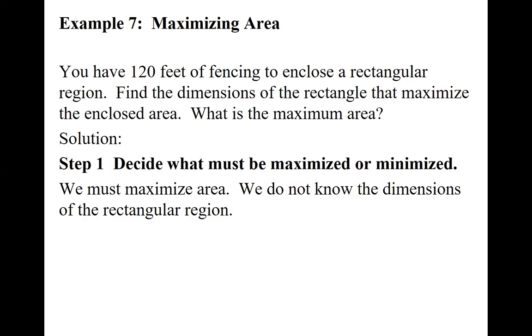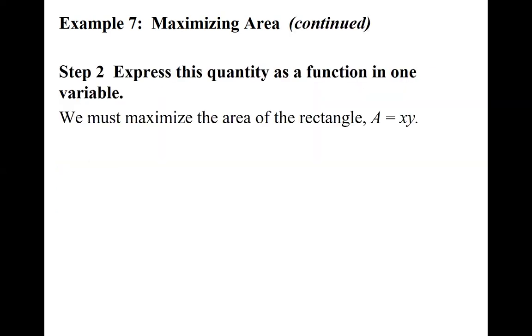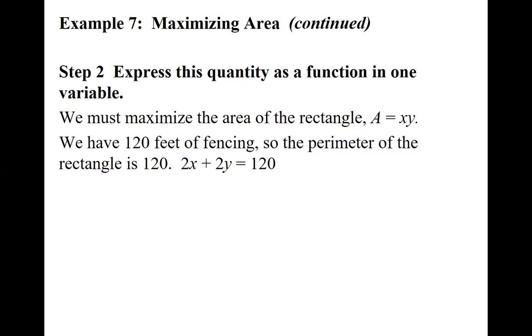We don't know the dimensions, but we do know that area is length times width, x times y. We were told we have 120 feet of fencing, so the perimeter of the rectangle is 120, twice the length plus twice the width. x plus x plus y plus y is 120.